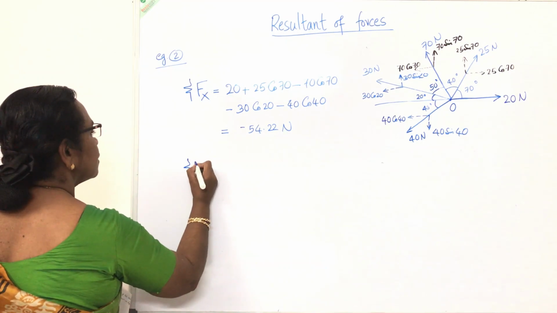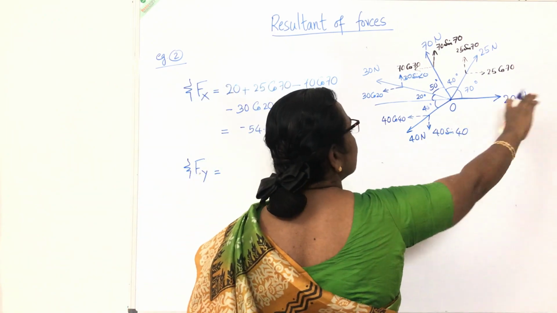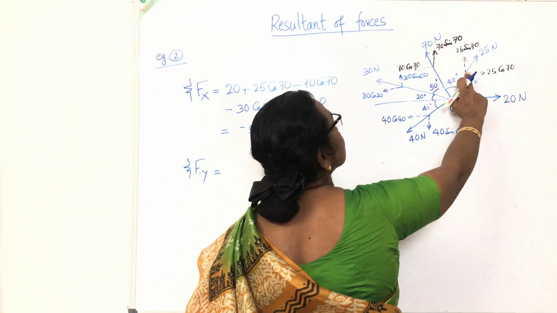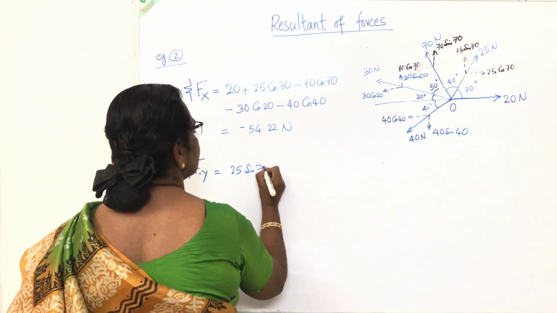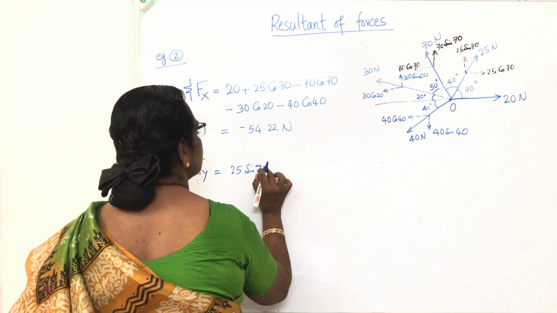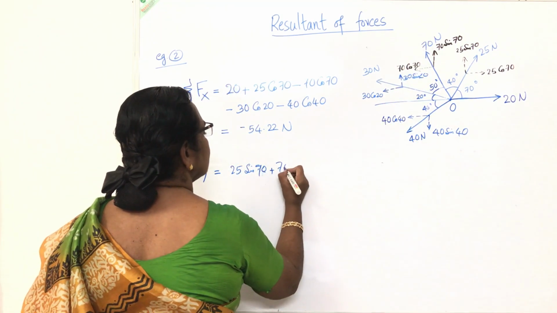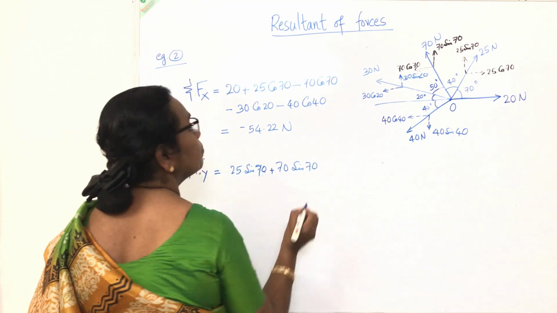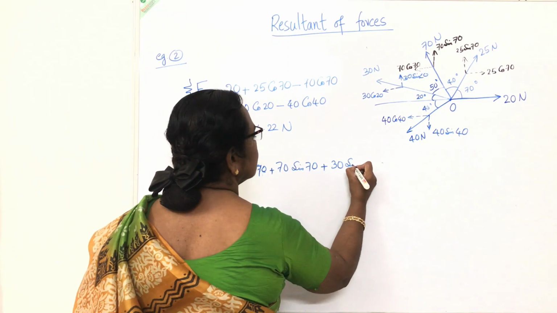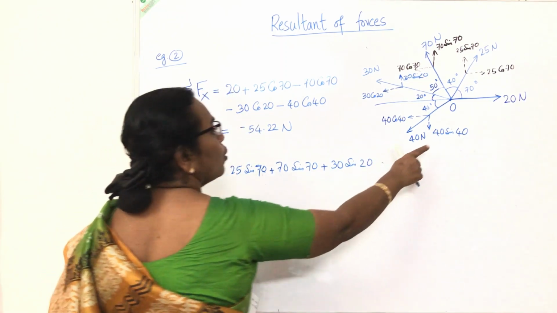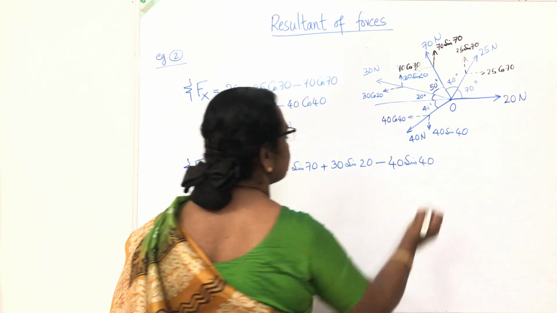Similarly, find out the sum of all the y components. For this 20, it is purely horizontal, with no vertical component. First one, 25 sin 70 up. Here, 70 sin 70, that is also up. 30 sin 20, that is also up. 40 sin 40 down, so minus 40 sin 40.